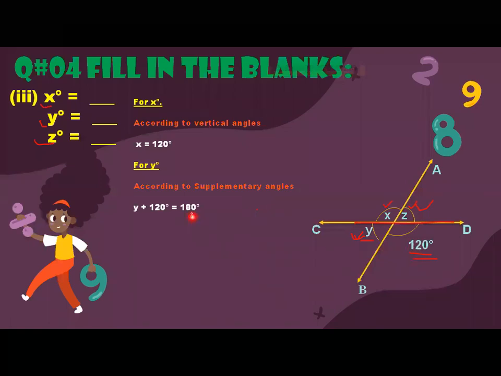Y plus 120 will be equals to 180. Now after that, you will simply subtract this 120 from 180 in the next step, and your answer will be 60. So now your y is equals to 60 degree.